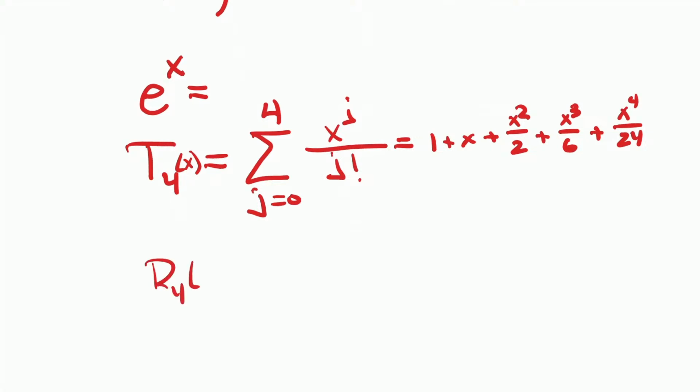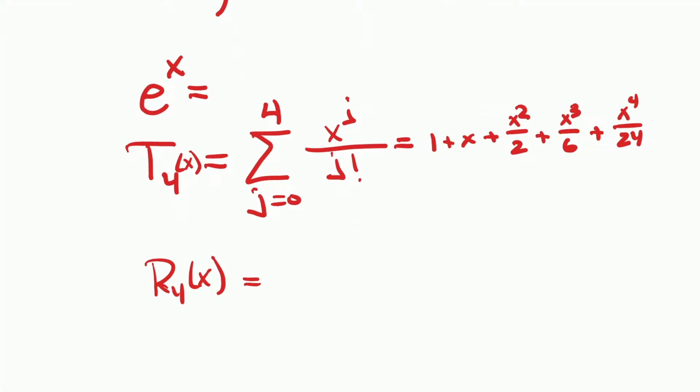Now the remainder, that's why we call this R, remainder. It's the difference between this and that. That remainder is the next term. So in this case, we're talking about the fifth term.